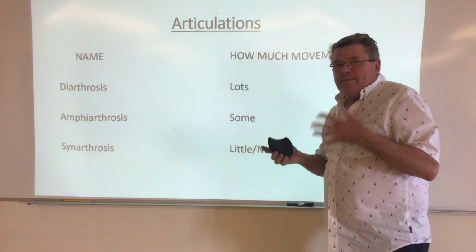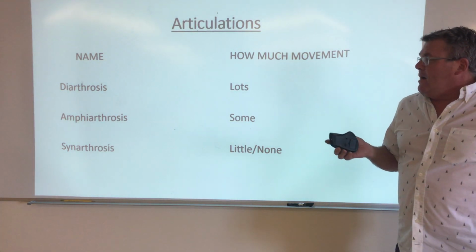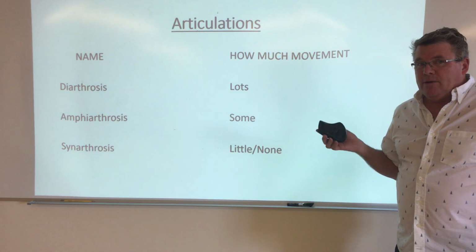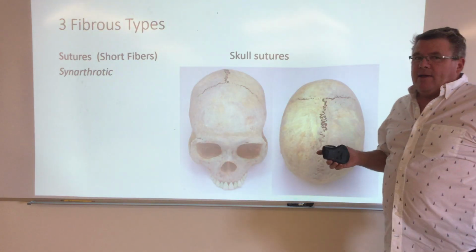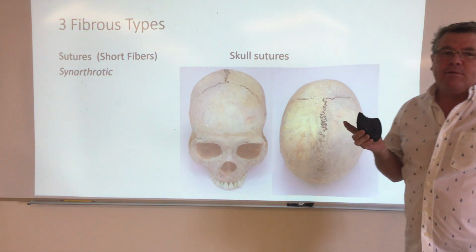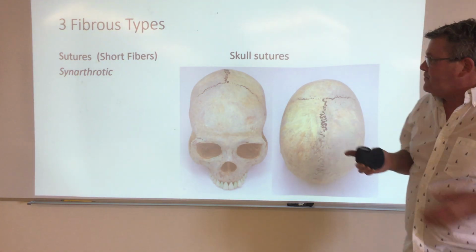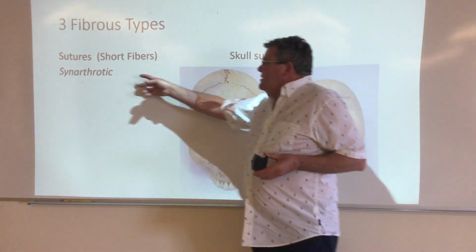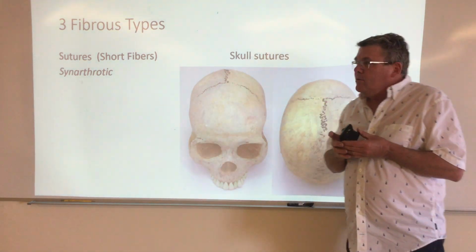We might have one type in there, two types, three types, but hopefully this is going to help. So, no more beating around the bush. Let's look at the first group, the first type, what are called fibrous. Now, a fibrous articulation, you can see, is synarthrotic, so we have very little to no movement.